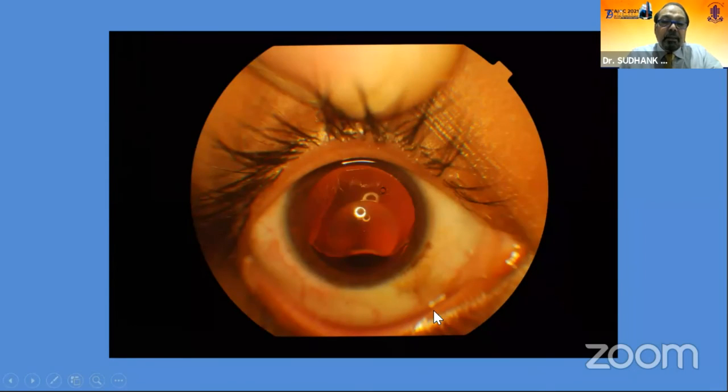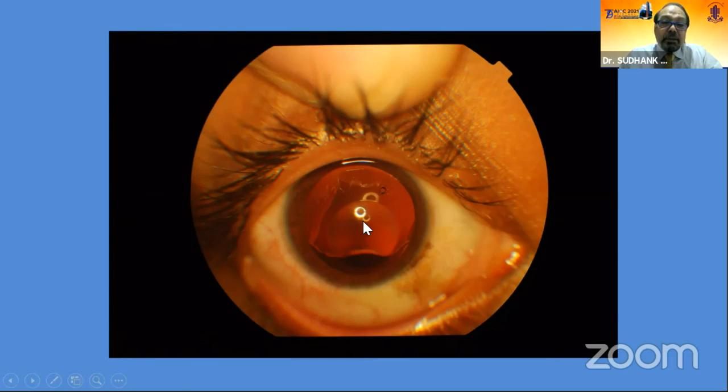This is the other eye, and as you can see here, it is the coloboma of the crystalline lens, and the ICL is sitting very well, very stable, despite the fact that this ICL is sitting only on the zonules in both the eyes. It's giving the lady excellent vision, and she is tremendously happy.